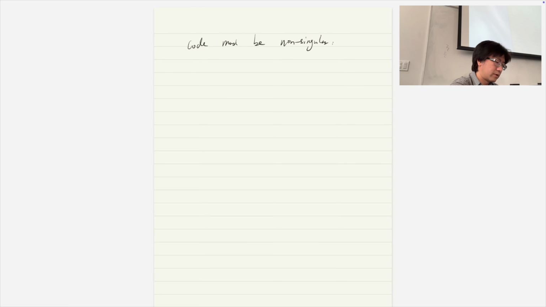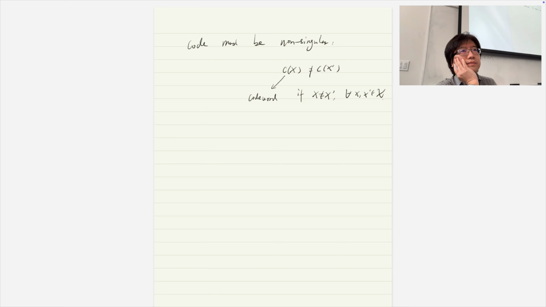The meaning is as follows: for the code C(x), which denotes the code word, the code word C(x) and the code word C(x') cannot be equal if x and x' are not equal. So we cannot have many-to-one mapping. This is kind of obvious.